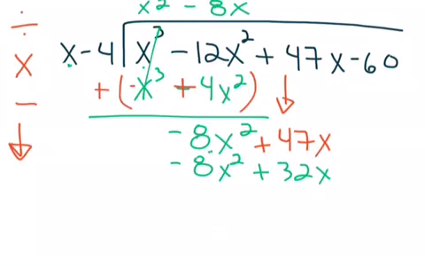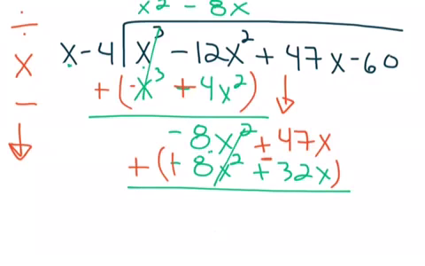And now I'm going to subtract. So all my signs are going to change. That leaves me with 15x. And then I'm going to bring down that minus 60. Start the process over again.